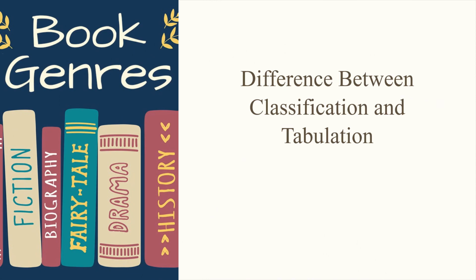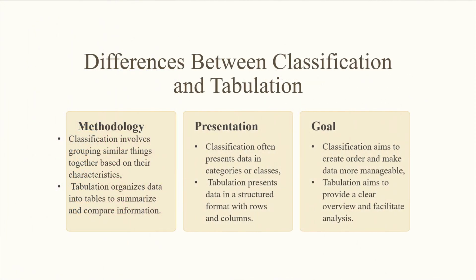Now we can simply go through the difference between classification and tabulation. In classification, we are grouping the data and categorizing the data in different classes. It is done to arrange the data in a manageable or meaningful manner.